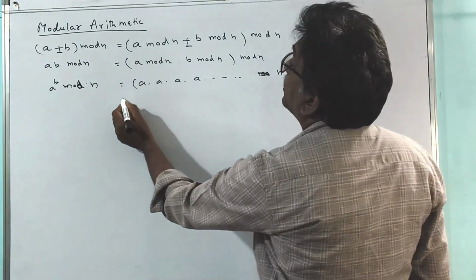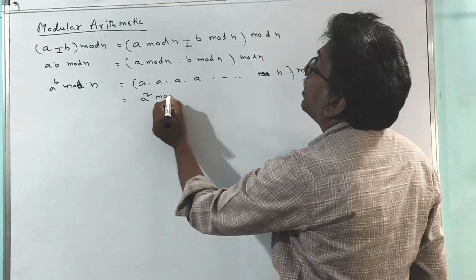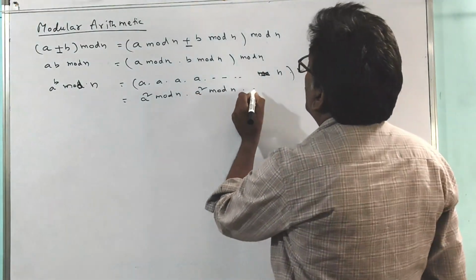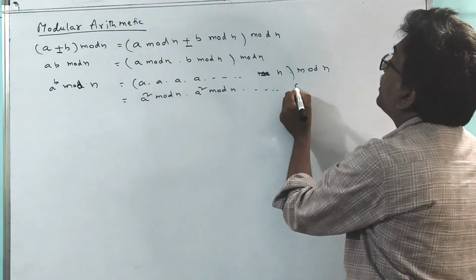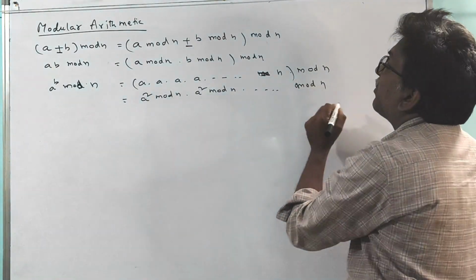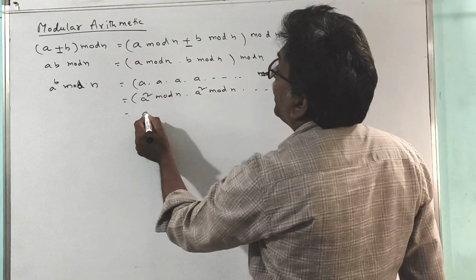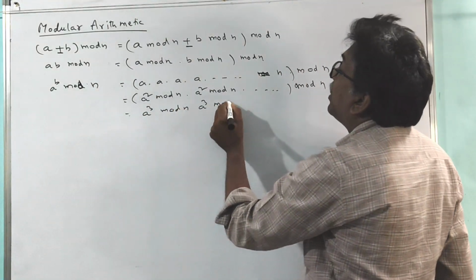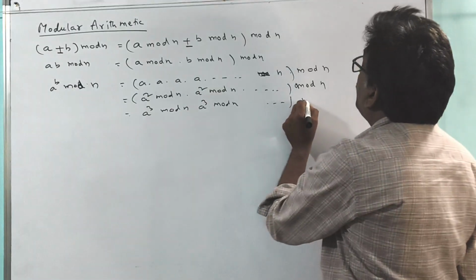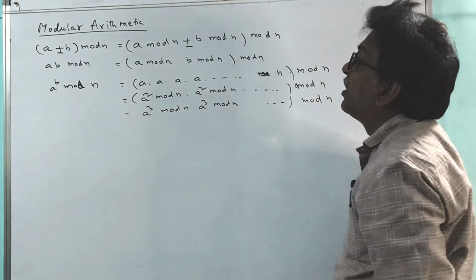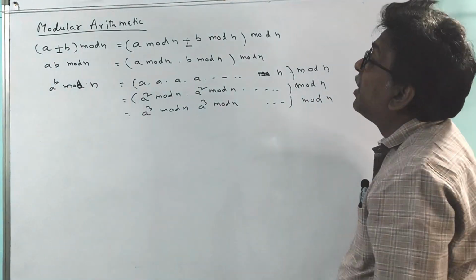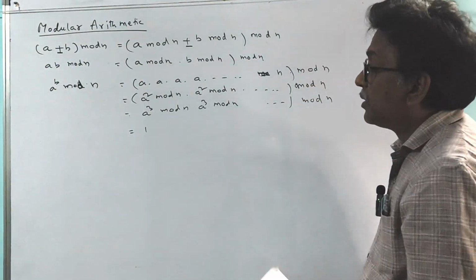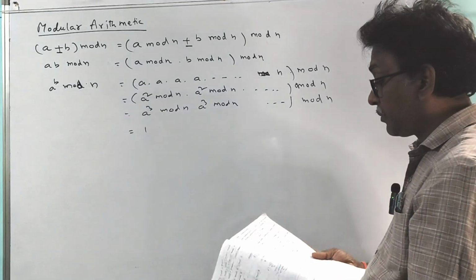So this can be written as a square mod n into a square mod n. Like that, it goes on. Finally, mod n will be applied to the entire formula. Or else you can apply a power 3 mod n. Depending on the functionality we can use a power 2 or a power 3. So finally, sometimes we will get a power b mod n equal to 1. So that is the third formula.